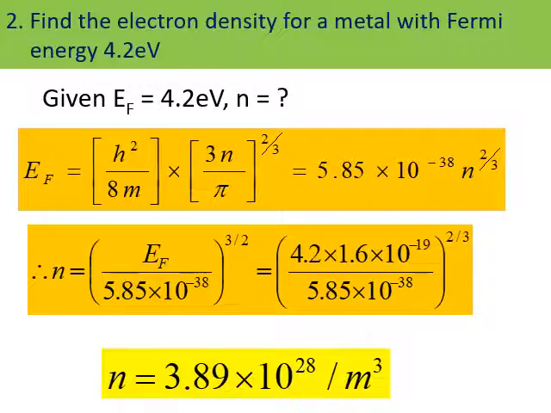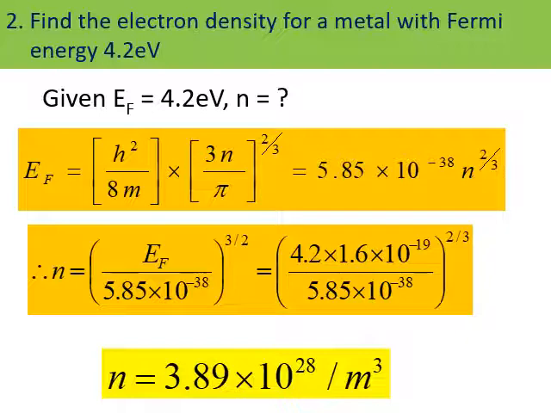The second problem: find the electron density for a metal with the Fermi energy 4.2 electron volt. Here we need to calculate once again the number of electrons per unit volume n, given the Fermi energy as 4.2 electron volt.